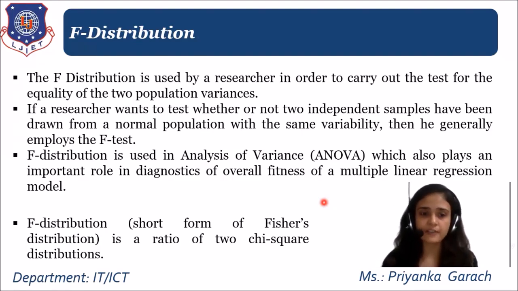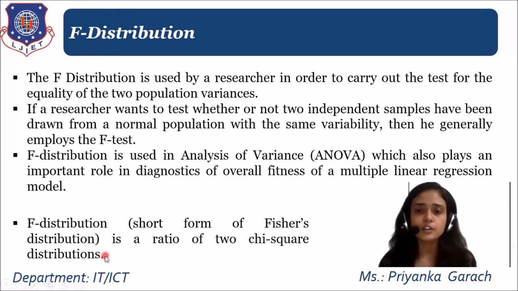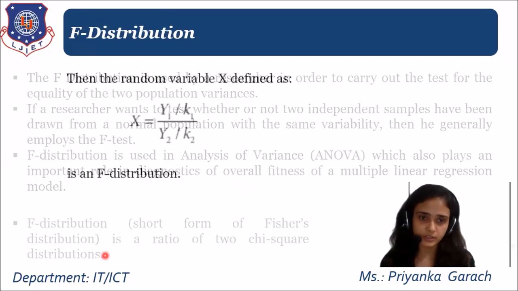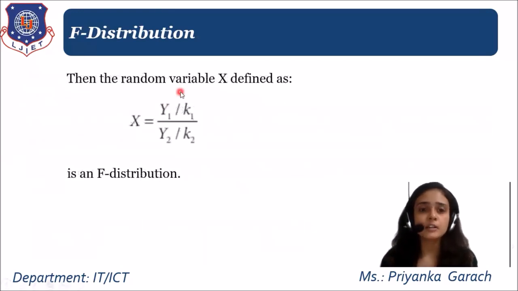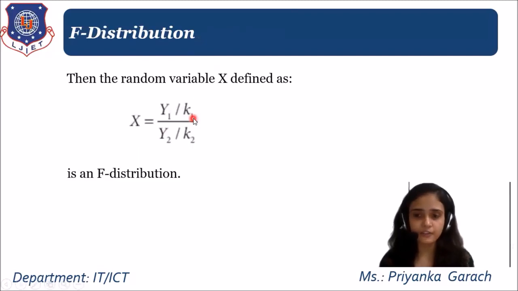This particular F distribution comes from the short form of Fisher's distribution, which is a ratio of two chi-square distributions. So the random variable X can be defined like this, with Y1, k1, Y2 and k2 in the division, which is also called the F distribution.